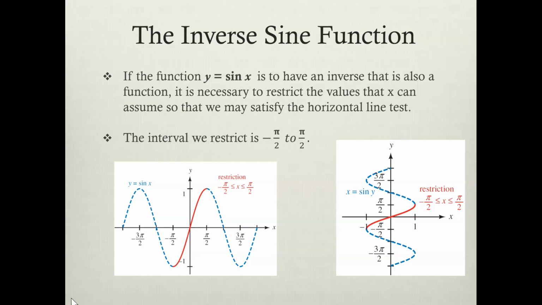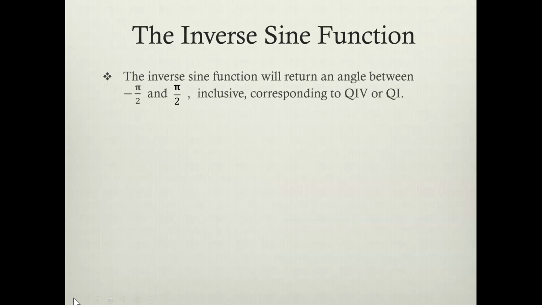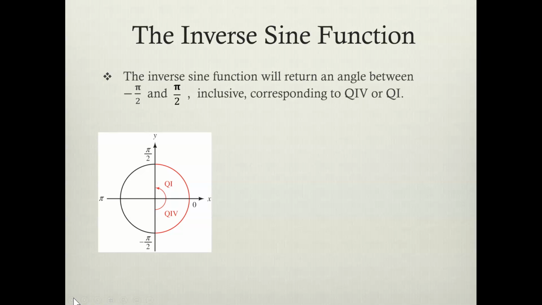It is apparent that if x equals sine y is restricted to the interval from -pi/2 to pi/2, then each value of x between -1 and 1 is associated with exactly one value of y, and we have a function rather than just a relation. The inverse sine function will return an angle between -pi/2 and pi/2 inclusive, corresponding to Q4 and Q1.